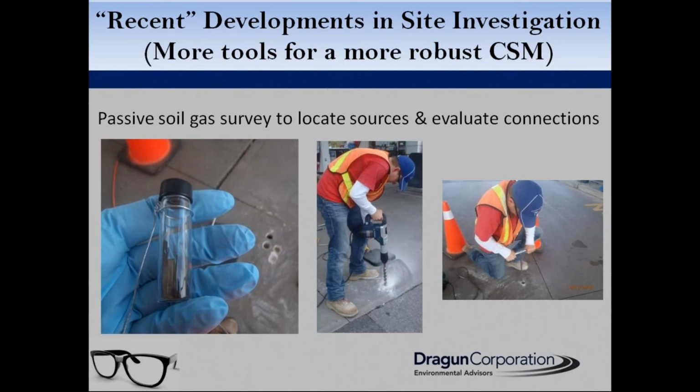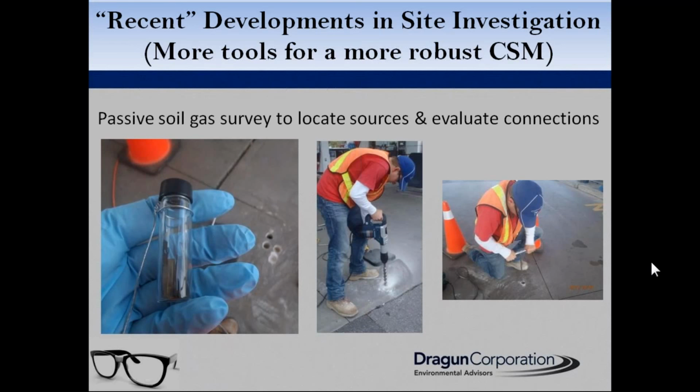In this case, we're looking for impact from a gasoline release. Inside this tube, there's absorbent material that we put into the holes that we drill, and we keep it in the ground for a couple of weeks.